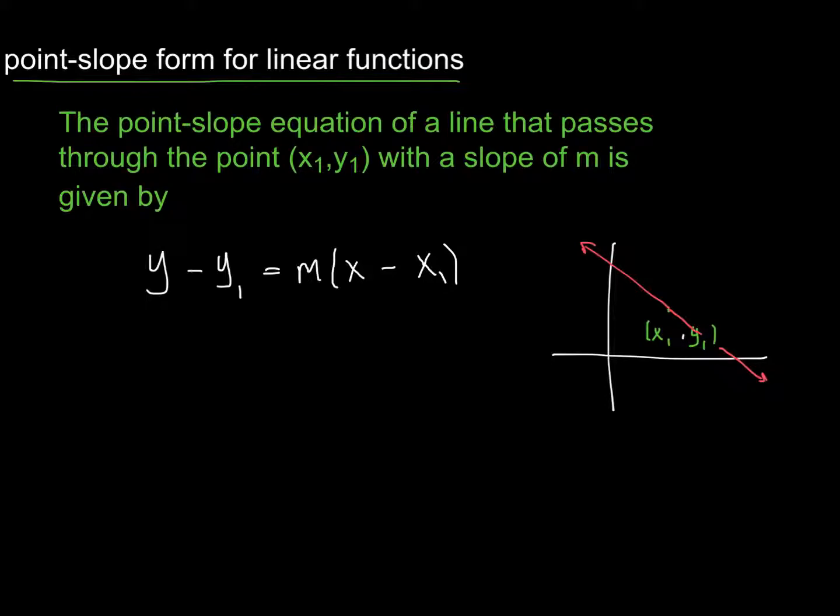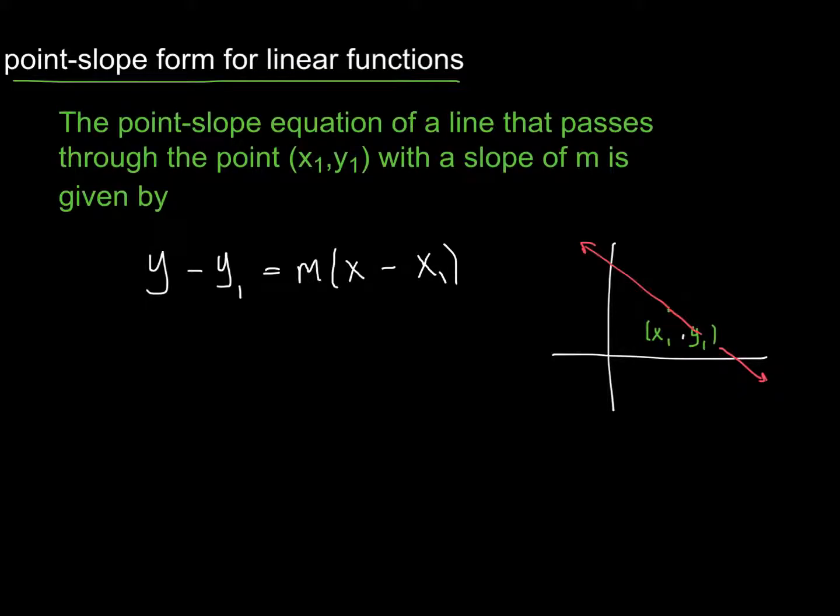This gives us the change in x from our original point to our new point. We multiply it by the slope, and that tells us the change in y, in other words, the difference between the y value of our new point and the y value of the original point. And so we can write an equation for a line knowing only the slope and a point on the line.